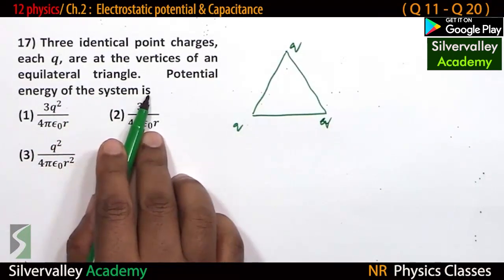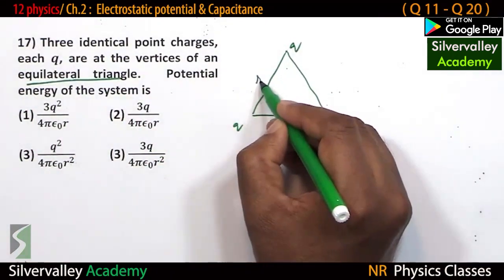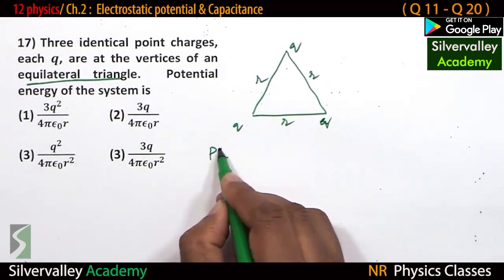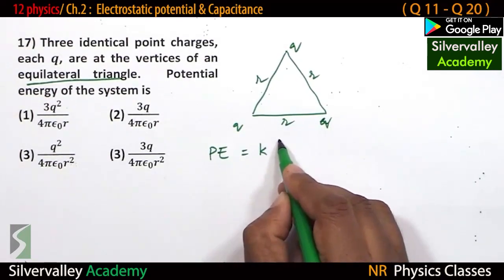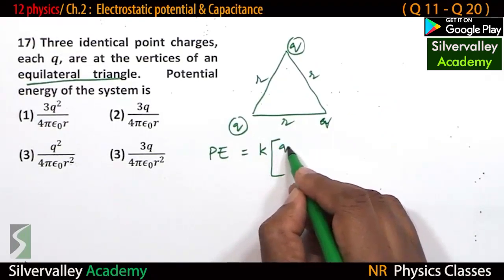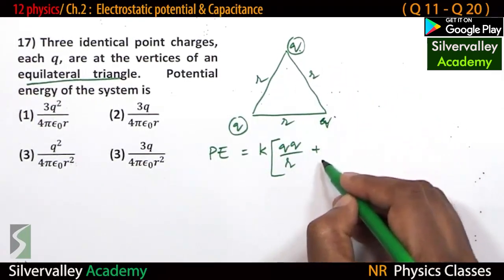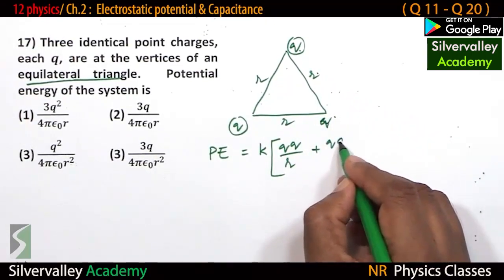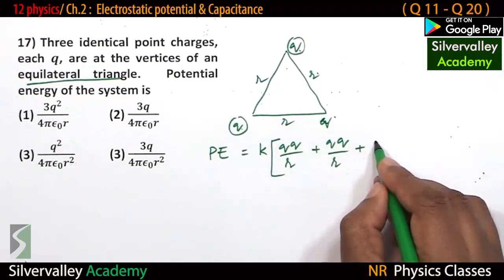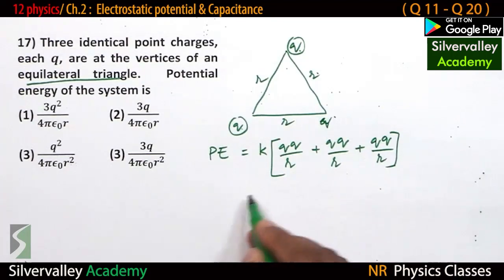Potential energy of the system is, equilateral triangle means distances are equal, and potential energy of the system is constant times Q by R, Q by R, plus charge by distance, Q by R, plus charge by distance, Q by R, 3 times.